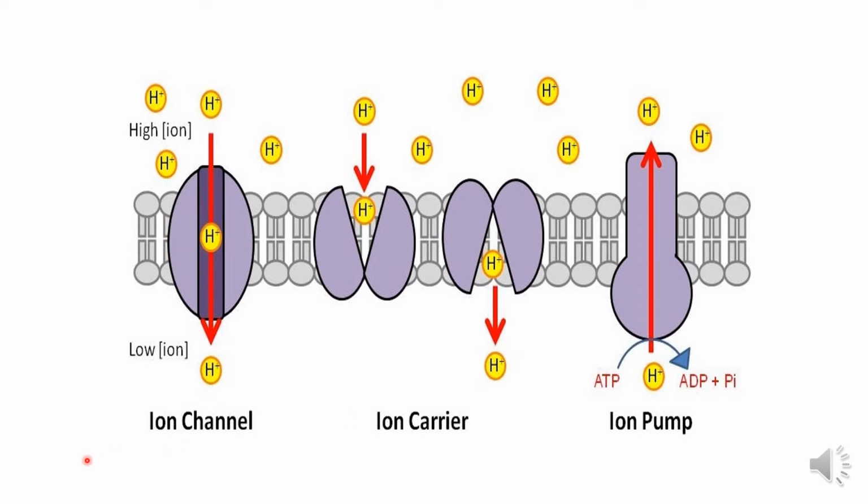Ion channels and ion carriers transfer ions from higher ion concentration to lower ion concentration, whereas ion pump transfers ions from lower ion concentration to higher ion concentration. So it works against the concentration gradient, and these work along the concentration gradient.